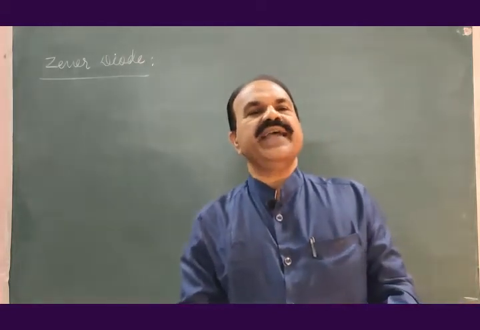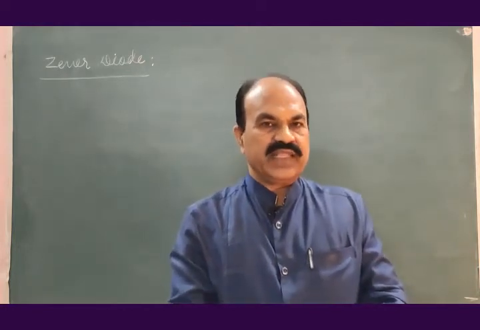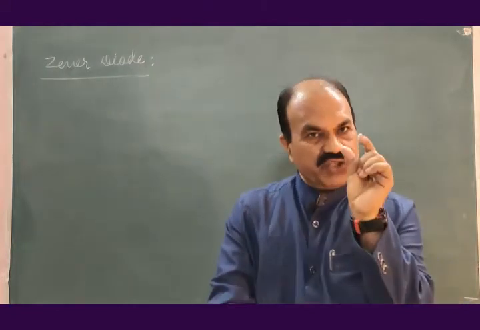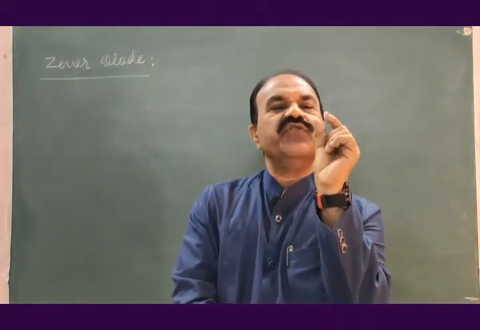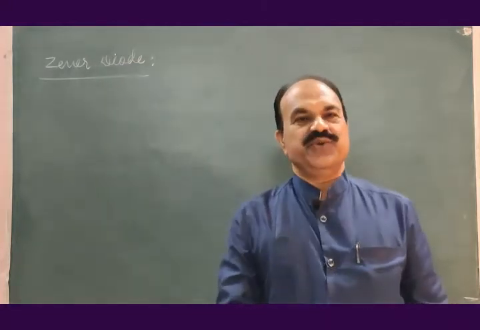Because of this high concentration of electrons in N type of semiconductor and holes in P type of semiconductor, the width of depletion region is very narrow in Zener diode.